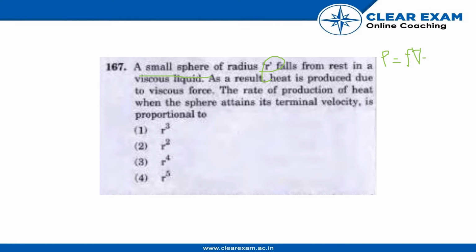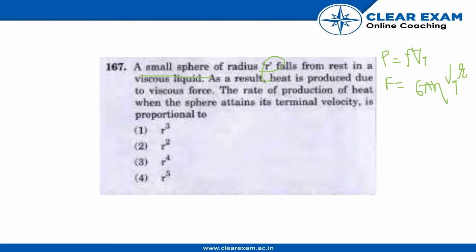and now applying the Stokes formula, I can say that F equals 6 pi eta v_t r.